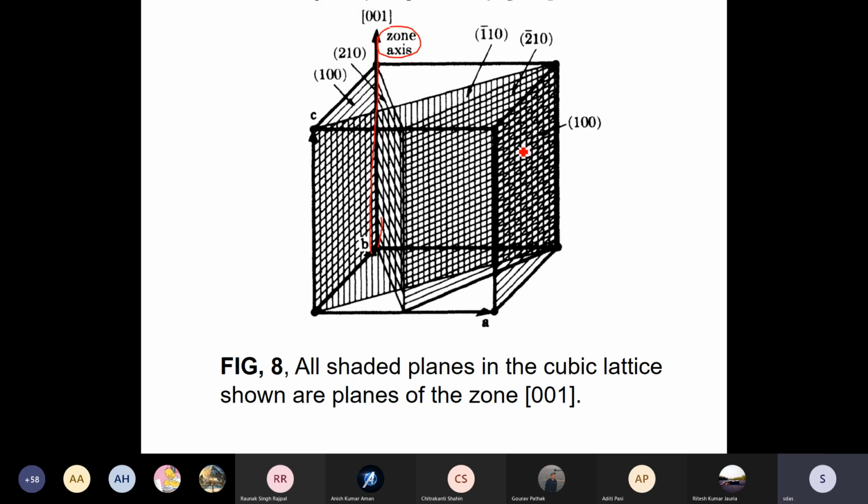And all these planes which intersect along this zone axis are called planes of a zone. So in several non-parallel planes, if all of them intersect along a common axis, that axis is called zone axis. And these planes are called belonging to the same zone, means planes of a zone. This is extremely important.